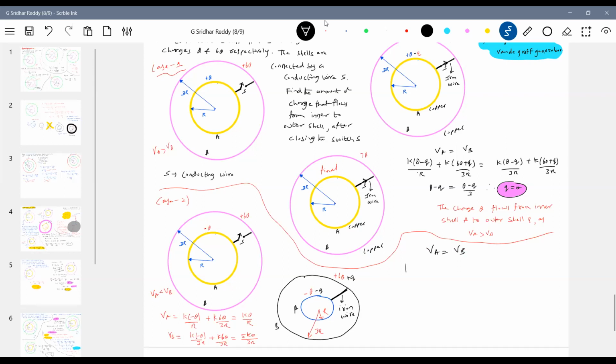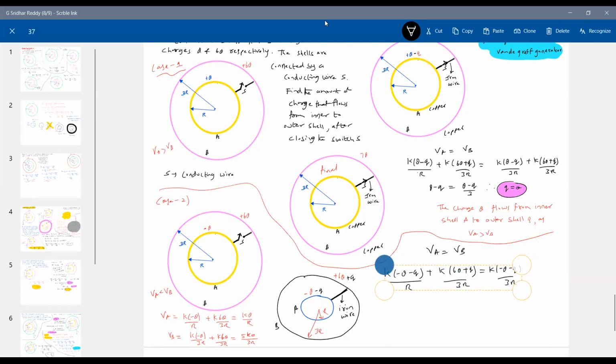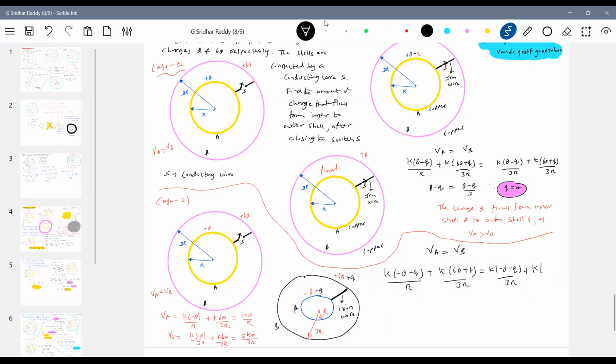Let's write the same equation, K. See this again, what is the basic necessary condition?